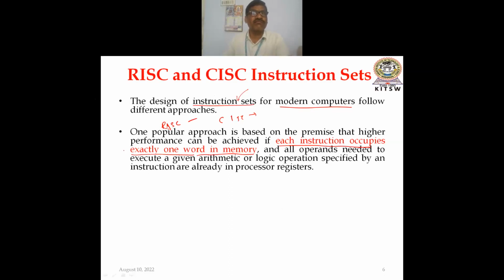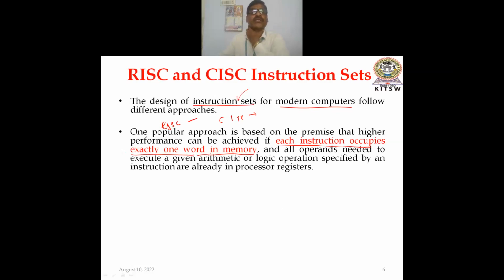In the earlier video on performance, we identified that one of the important factors on which performance depends is hardware and software, so what type of instruction set that computer makes use of matters. If an instruction occupies one word in memory, then to fetch an instruction with one read operation, we can read that entire instruction.